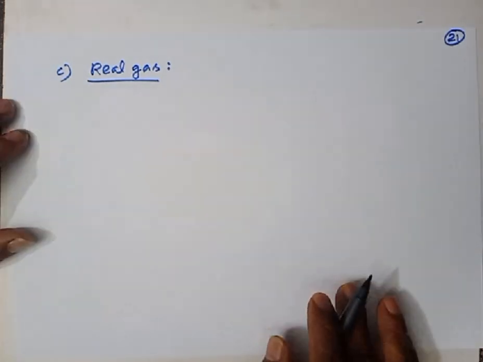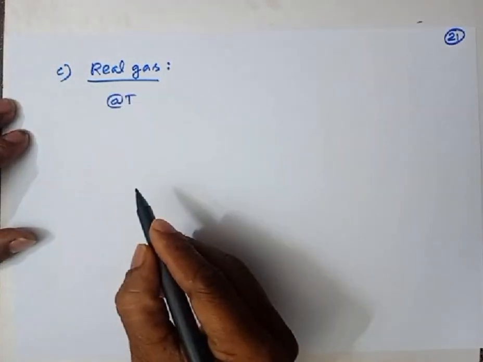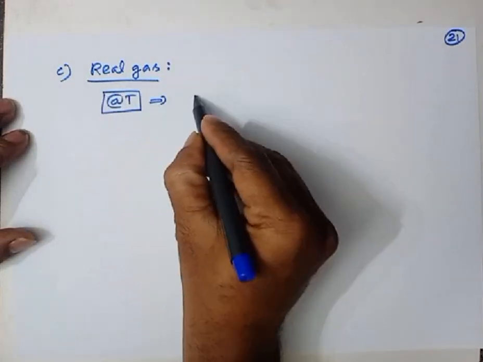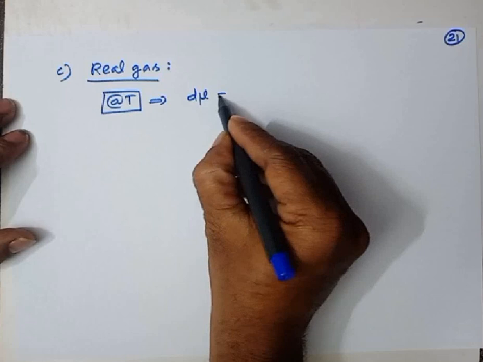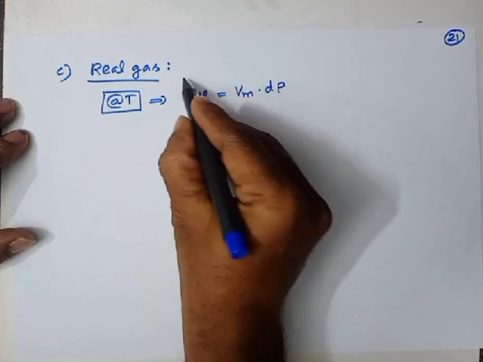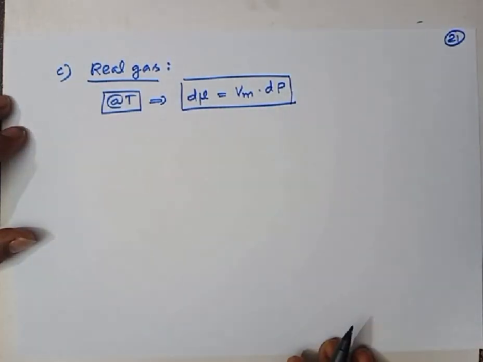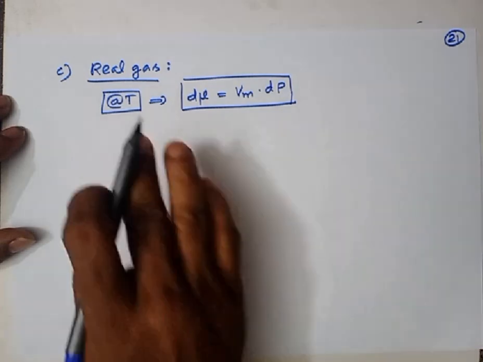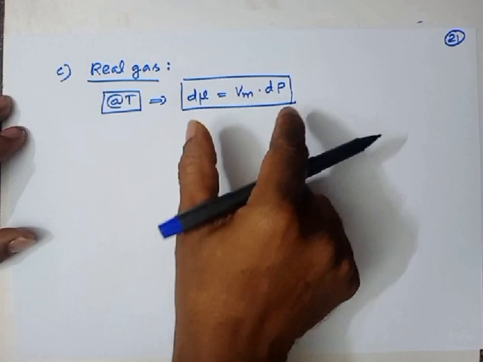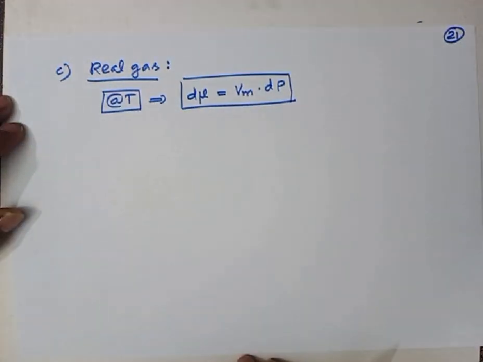As I said before, at constant temperature, change in chemical potential d mu equal to molar volume into dP. This we know, right? d mu equal to Vm into dP. This is at constant temperature. Even for ideal gas, we started the derivation from this equation.